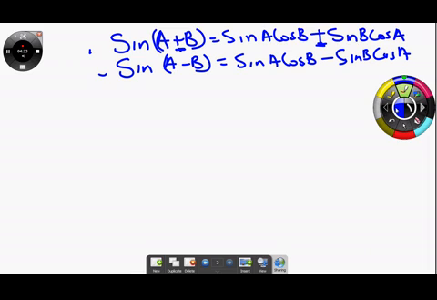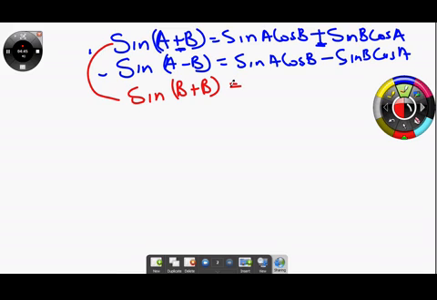If I take this one, let's say I had sine of two things which are the same. Let's say sine of b plus b. Usually they use a, I'm just using b for fun.